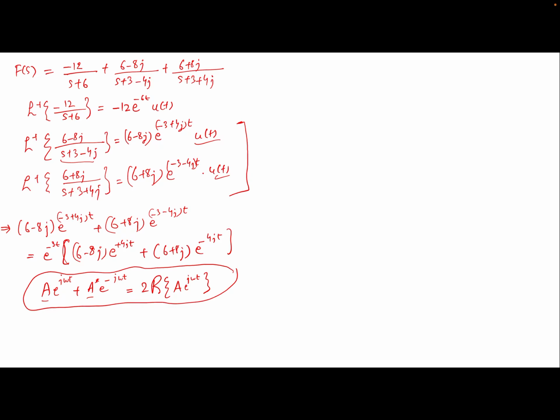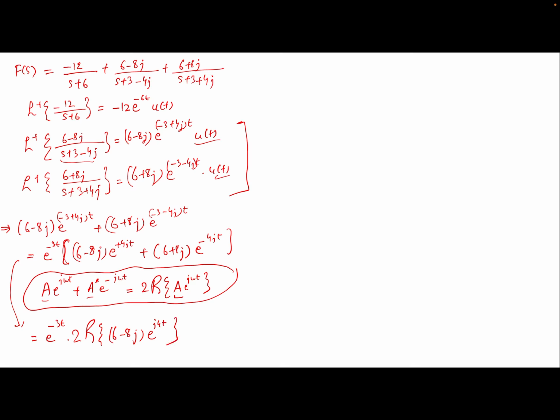Okay, so considering this identity to be true, I can further simplify the above equation as e raised to power minus 3t times 2 real part of a, which is 6 minus 8j, times e raised to power j omega t, which is j4t.